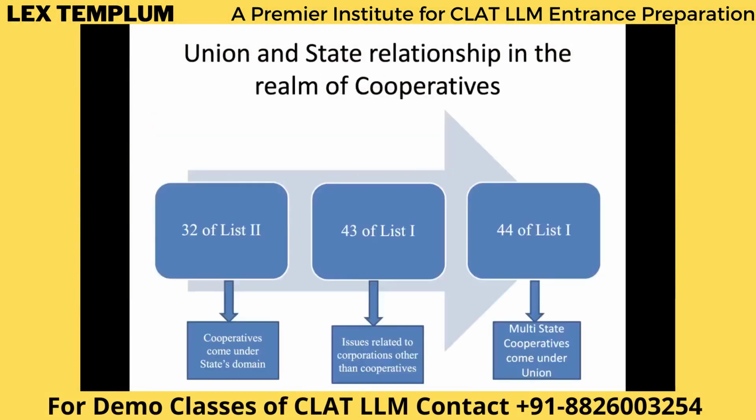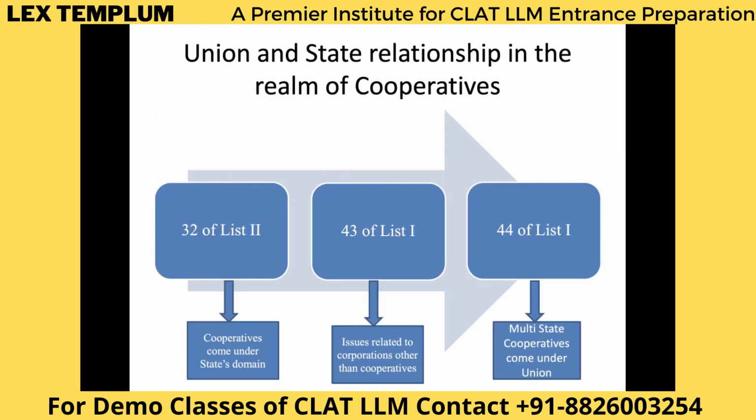Okay. Now, in this judgment, the emphasis was on 3 points. First, entry number 32 of List 2, which says cooperatives come under the domain of the state. Second, entry number 43 of List 1, which says issues related to corporations, including banking and insurance, come under the domain of the central list.